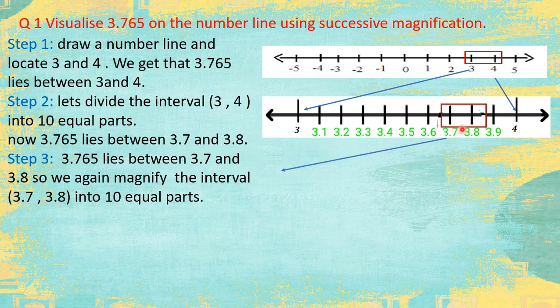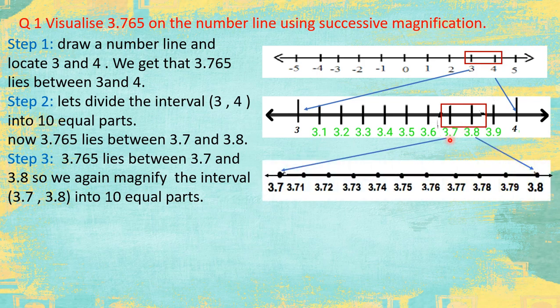So the process we get next on the number line is 3.7 and 3.8 divided into 10 equal parts as 3.71, 3.72, 3.73, 3.74, 3.75, 3.76, 3.77, 3.78, 3.79. So these are the 10 equal parts between 3.7 and 3.8.